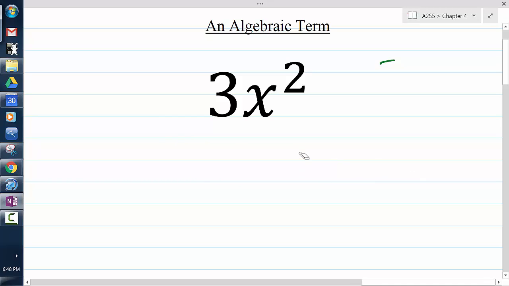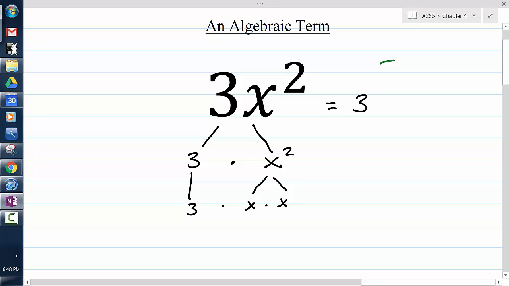This can actually be broken down to a 3 and an x squared. Multiply that together, you get back the same thing. However, this x squared can now be broken down into something further, an x and an x. So ultimately, the broken down version of 3x squared is just 3 times x times x. Now notice it's completely factored. We just broke it all the way down.